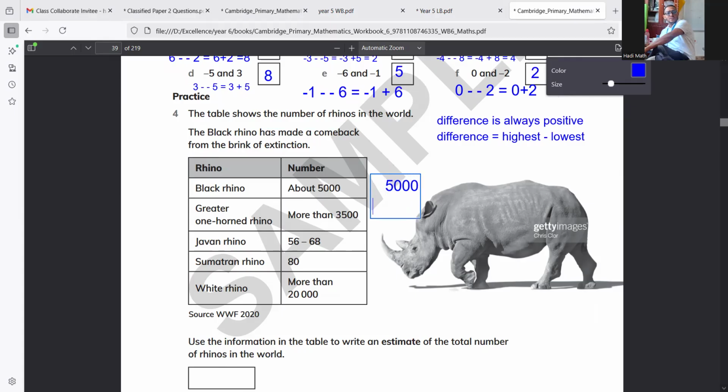Plus this one, we said more than 3,500. Let's write the 3,500 itself. This one is 56 minus 68. And that's equal to -12.